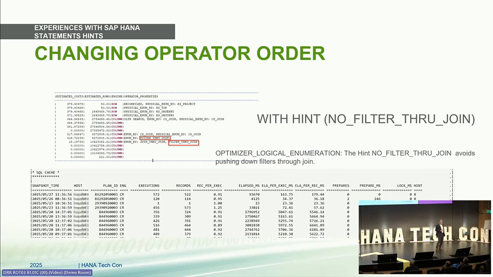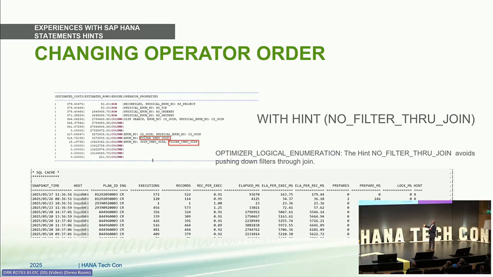As I said before, mostly we focus on changing execution agents, but there are also other operators which play a big role in the execution plan. For example, here you see the agent is the same. We have another plan ID, but the agent is the same.